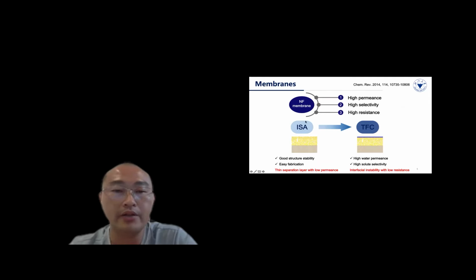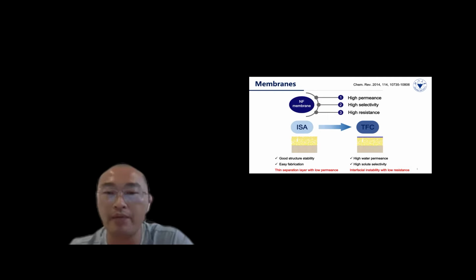And as we know, the membrane is the key of this technology. We need to prepare the membrane with high performance, including high selectivity and high resistance. Until now, there are two kinds of membranes. One is RSA, another one is TFC.